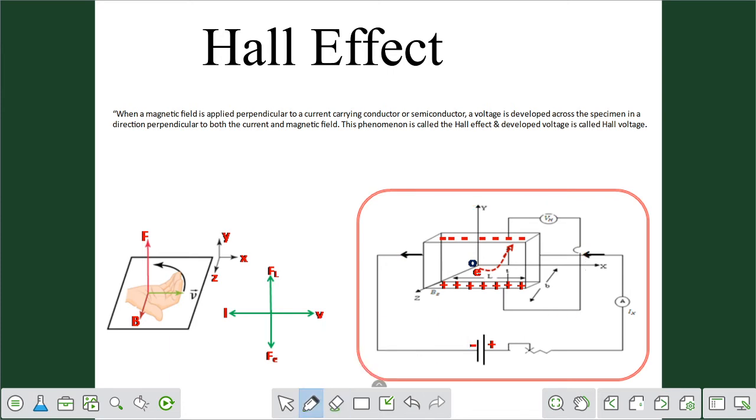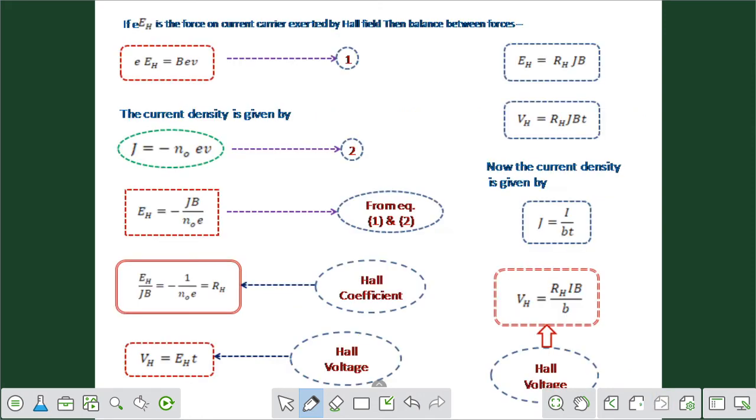Okay, so here I am using the Lorentz force as well as this electric force, which are balancing each other. So at that position we can write it like that. You see in that equation, small e is the charge of the electron, and E_H is the Hall electric field, and BeV is the Lorentz force.